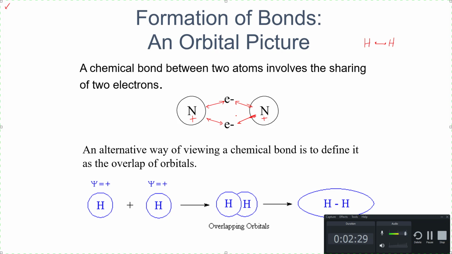Now, there is a higher level at which we can look at bonding, and that is to look at the overlap of orbitals. In general chemistry, you talked about, for instance, s and p and d orbitals. Those orbitals are basically mathematical descriptions of how electrons move as they are going around the nucleus. And instead of looking at the mathematics of that, we tend to look at shapes.